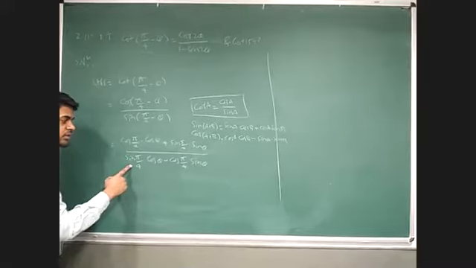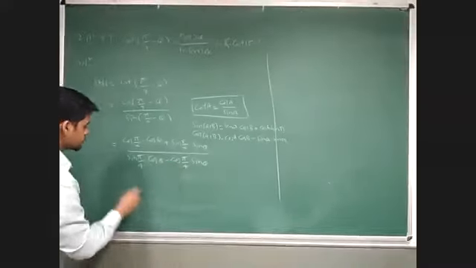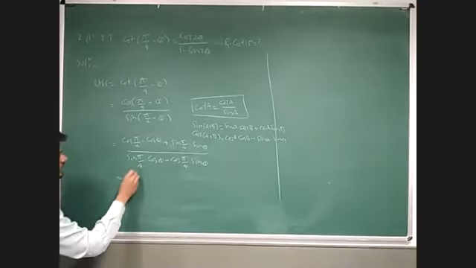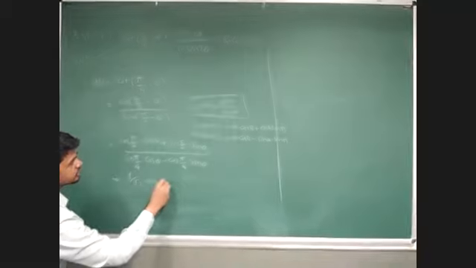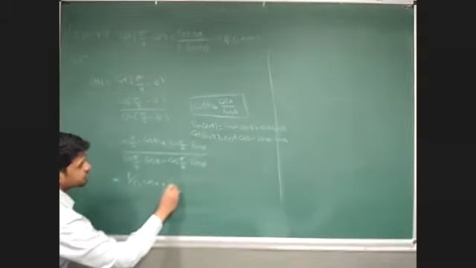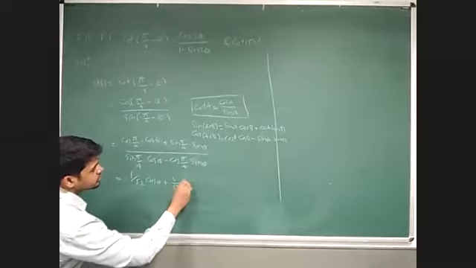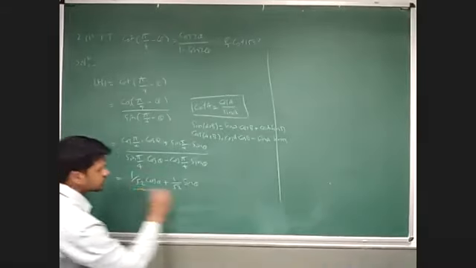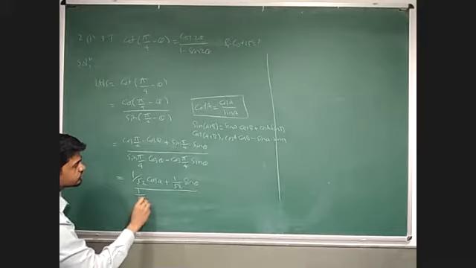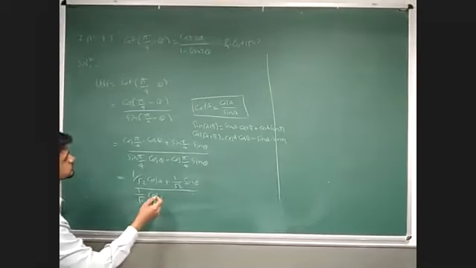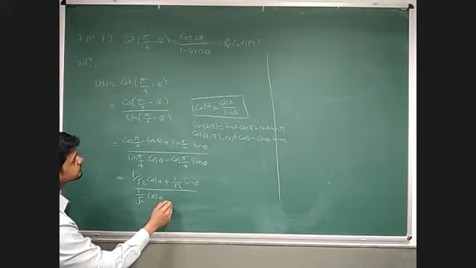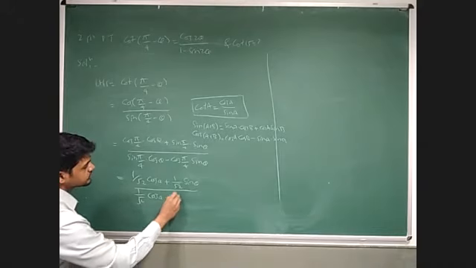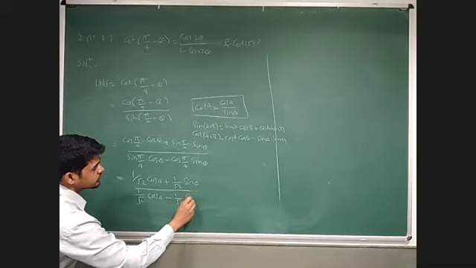So we get (1/root 2) cos theta plus (1/root 2) sin theta, over (1/root 2) cos theta minus (1/root 2) sin theta.